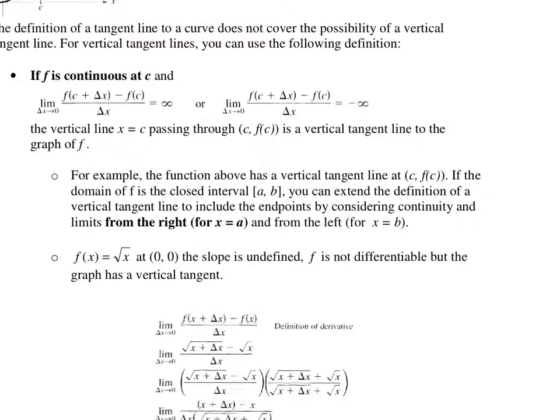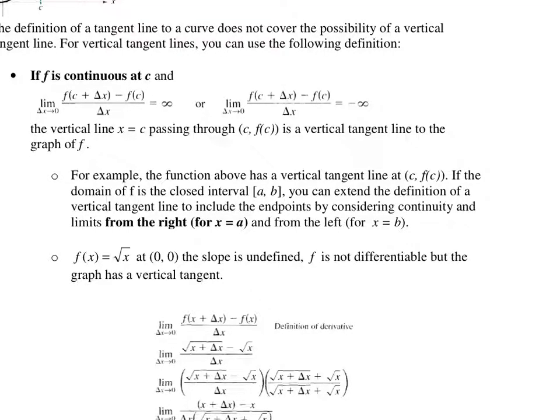If f is continuous at c, and the limit as x approaches c of the derivative approaches infinity, or approaches negative infinity, okay, if we were to look at our previous example there, as x approached 0, the value of the derivative would be approaching infinity as we approached it from the right.